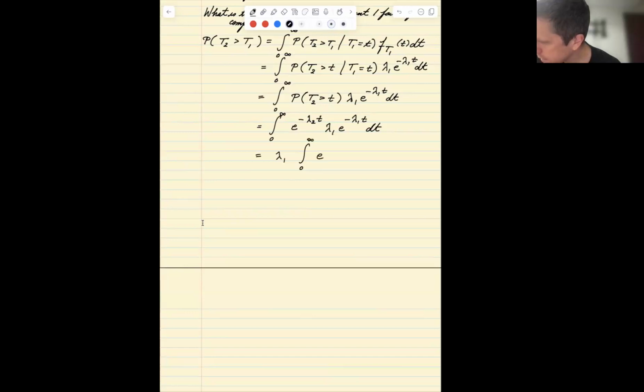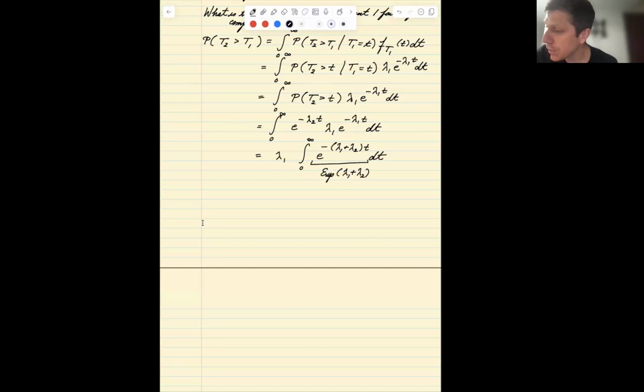Let's look at this and realize that this here is the main component, what's called the kernel, of an exponential with rate lambda 1 plus lambda 2. What's it missing? It's missing the intensity. So we just have to multiply by the intensity and divide by the intensity.